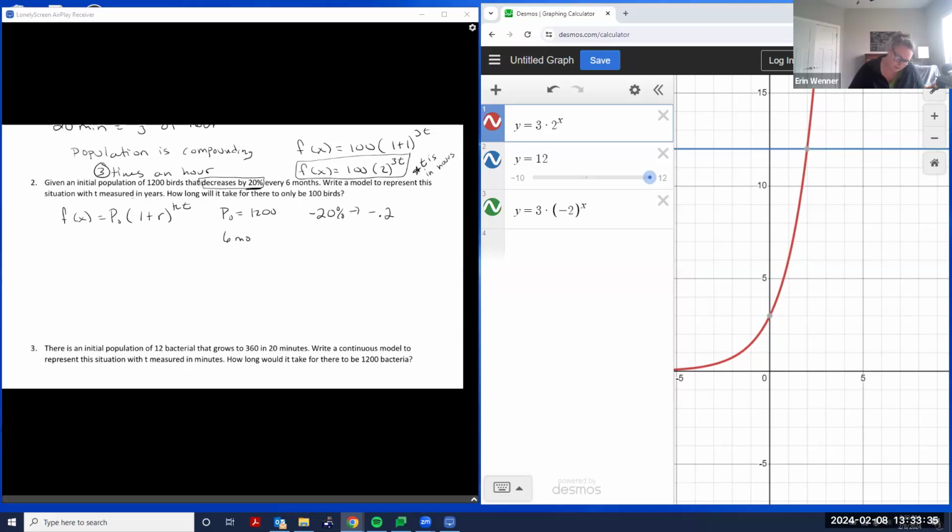They're telling us to measure in years. So 6 months is half a year. So if it compounds every 6 months, which is half a year, that tells us that it compounds twice a year because there are 2 6-month increments within the year. So therefore, our K has to be 2.